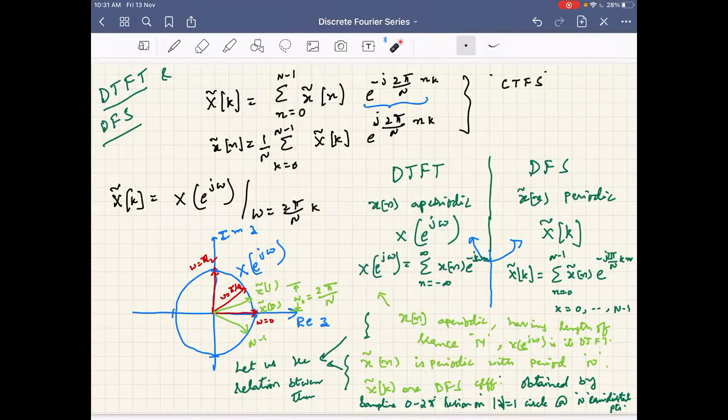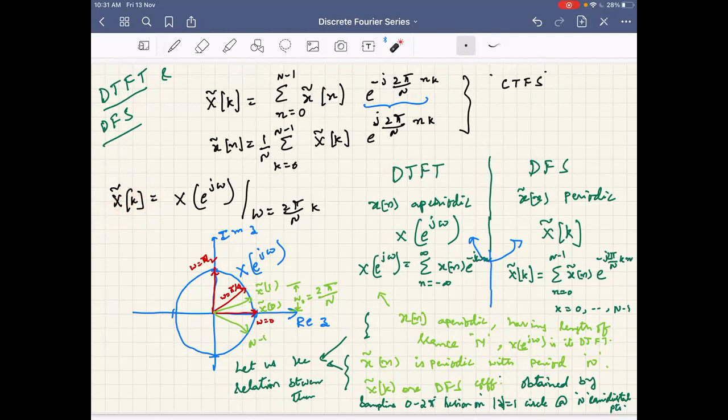For that, we first sketched how X of e power j omega looks. X of e power j omega is around the unit circle, and the magnitude of the frequency coefficients is given by X of e power j omega. What is X of k, X tilde of k, or X of k? When we consider X of k, especially later when we discuss the discrete Fourier transform, only one period of it is called the discrete Fourier transform.